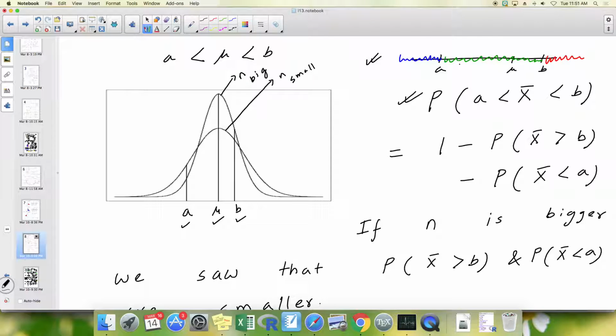So the total probability is 1. That means 1 equals probability x bar less than A plus probability x bar lies between A and B plus probability x bar bigger than B. So the left tail, the middle portion, and the right tail make up the whole region. Hence, if you add their probabilities, it will be 1.